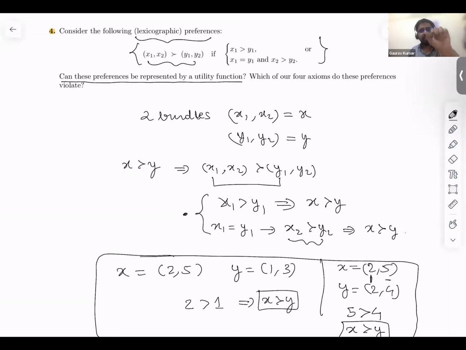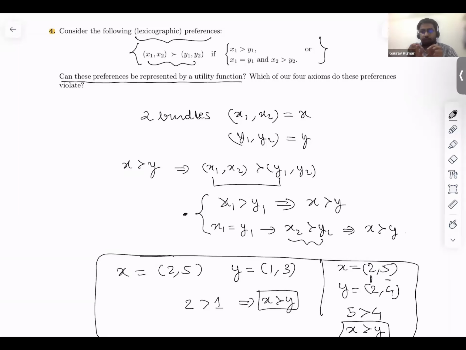This is the order in which you arrange: if I get a chance, I will choose x1 first. If I'm not given x1, then I will choose x2. If I'm not given x2, then I'll choose x3. If I'm not given any of the n minus 1 goods, then I will choose xn. So this is an order. Now, this order needs to be represented by a number, because when you compute utilities, demands, and values, you have numbers there.